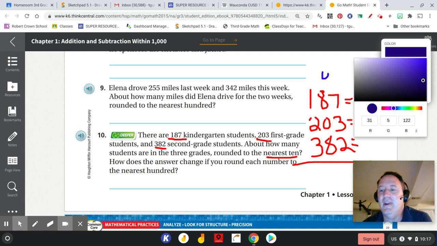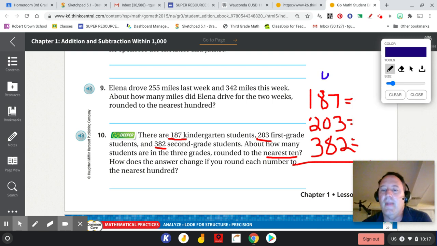Okay. So I have to go to the tens column, and here is the tens column. So I can put the 1 down, and what does 87 round to? 90. So that's 190.